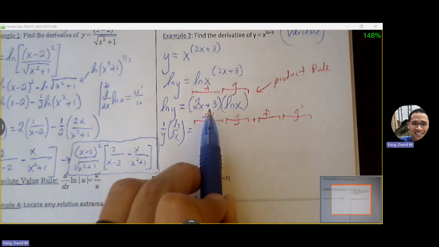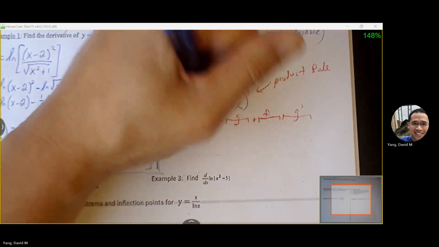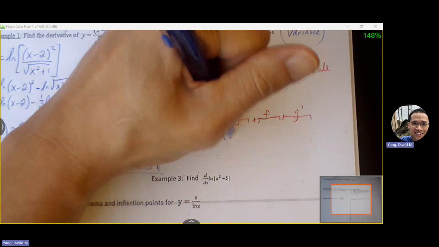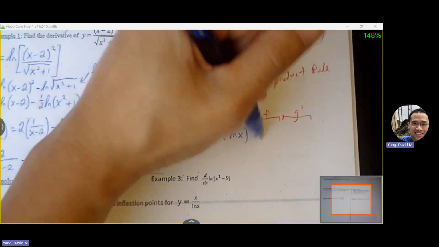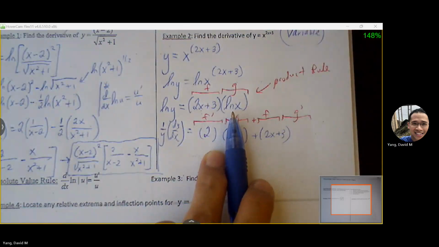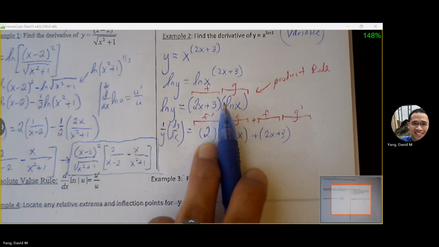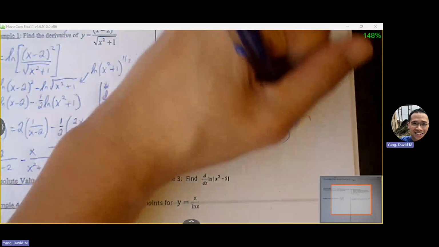All right. What's 2x plus 3's derivative? There's 2. g is natural log of x. Back to 2x plus 3. g prime. What's natural log of x? u prime over u, so what? 1 over x. Yeah.